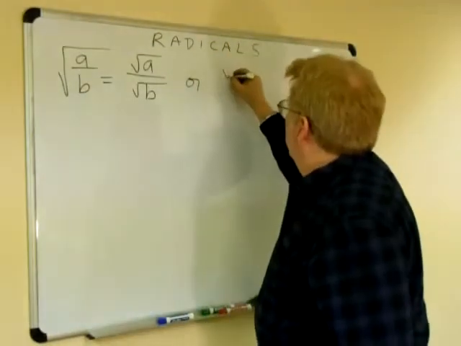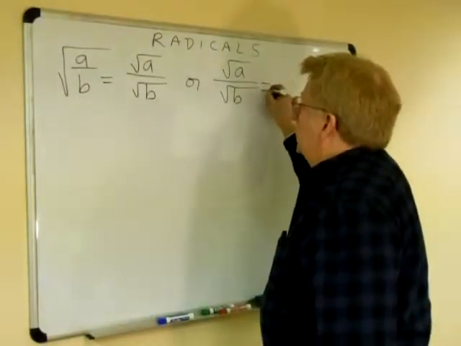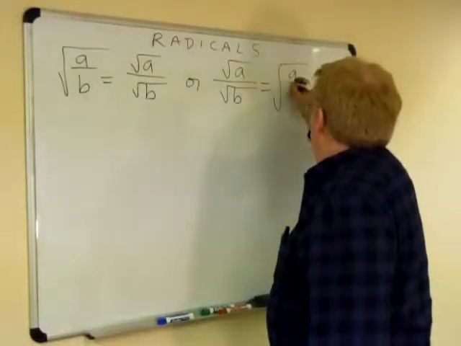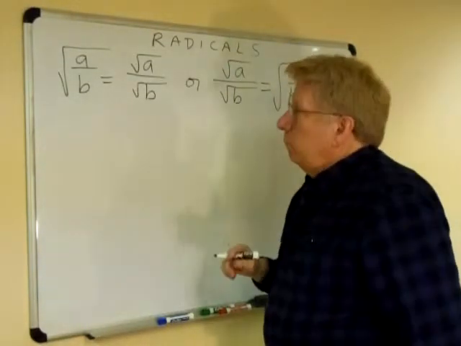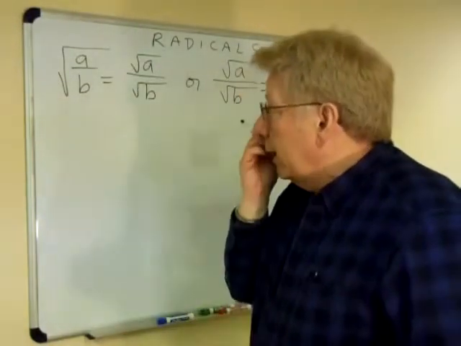Or we can reverse it: the square root of a over the square root of b equals the square root of a over b. So there's our rule for the quotient property for radicals.